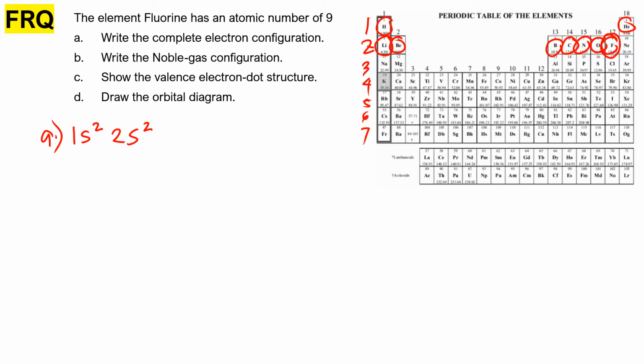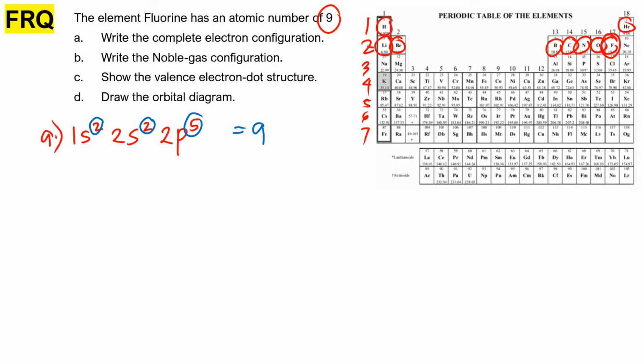We reach F, so that is 2p5. Guys, take note that fluorine has an atomic number of 9. If you total all these electrons, you will also get 9. So with that, you'll be earning the full 2 marks.